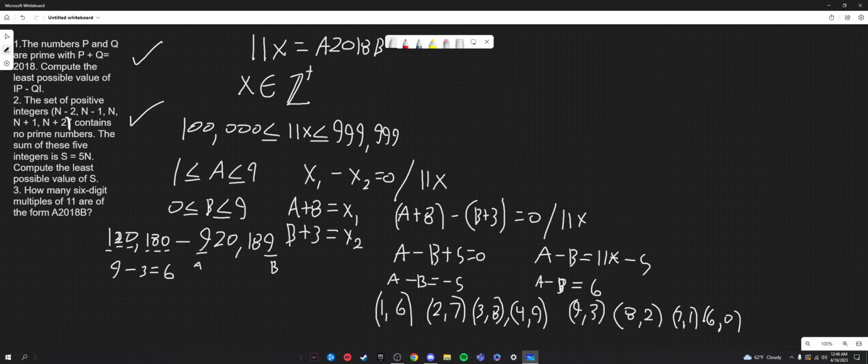So all in all, we would have 8 total combinations. Let me write it in big text. Total. I guess not technically combinations, that's not the right word. It's 8 total 6-digit multiples of 11 that are, of course, since they're multiples, divisible by 11. So that's 8 total multiples.